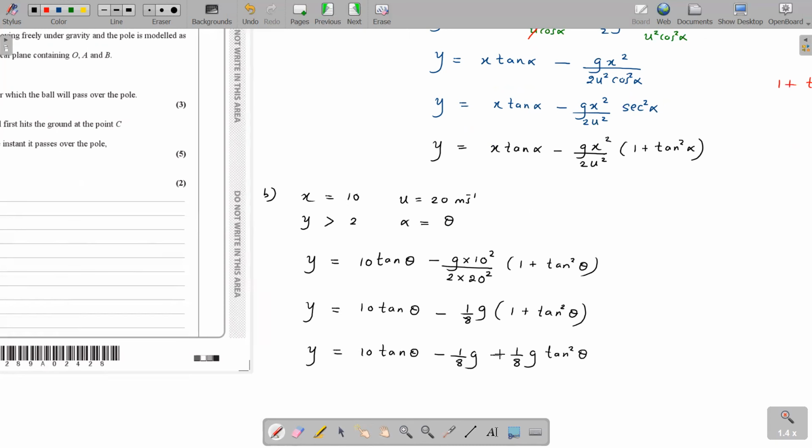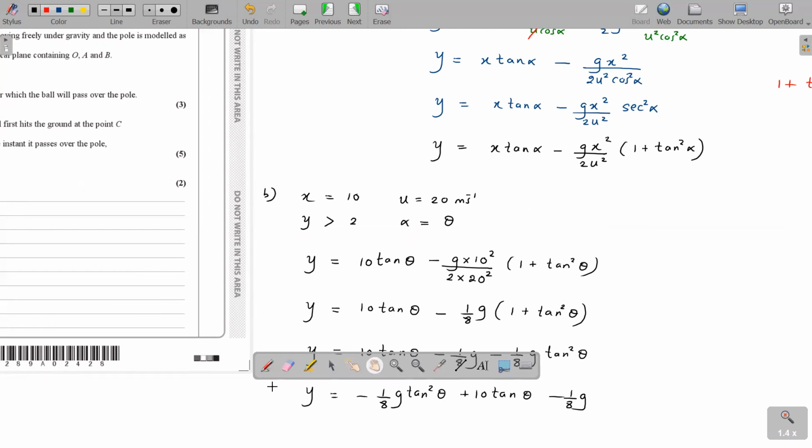Simplifying, this is the equation: minus 1 over 8g tan square theta plus 10 tan theta minus 1 over 8g. This is my y value.